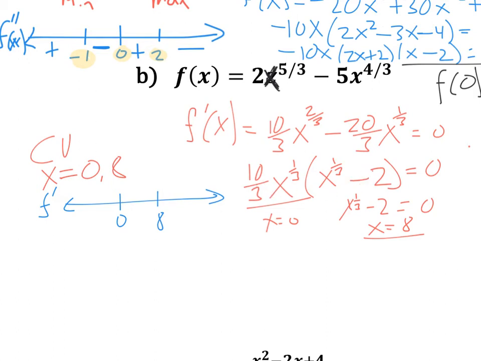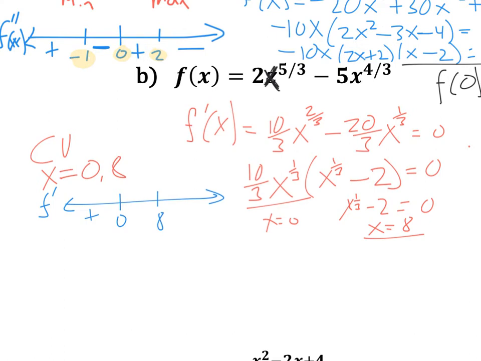Well, how about this one down here? I'm going to go for that one. Okay, so let's pick a number like, well, these are cube roots. So something like a 1 would be nice, or a negative 1. And so if I plug in negative 1, cube root of negative 1 is negative 1. So this is negative. Cube root of negative 1 is negative 1. So this whole thing is negative. That makes this positive.